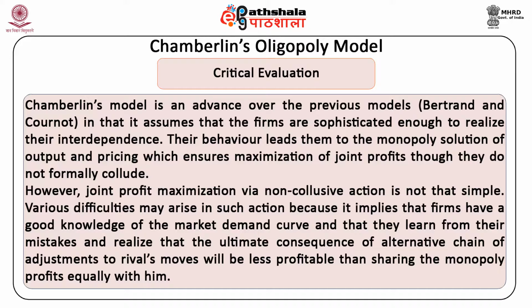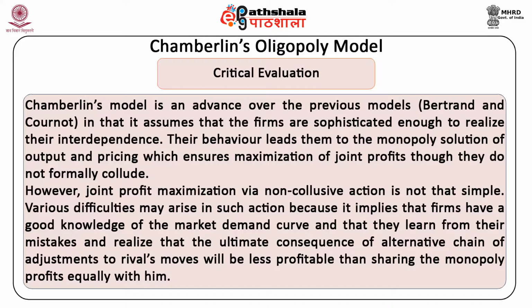Thus, unless all oligopolists have identical costs and demands, it seems impossible that the oligopolist will be able to reach the monopoly solution, that is maximization of joint profits without collusion.